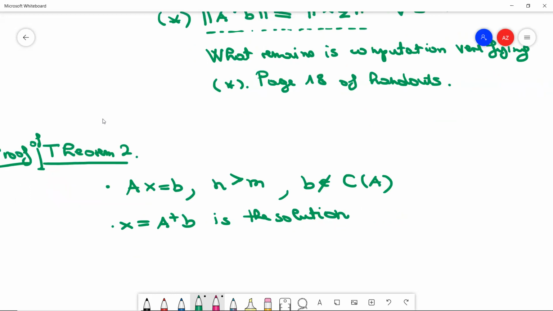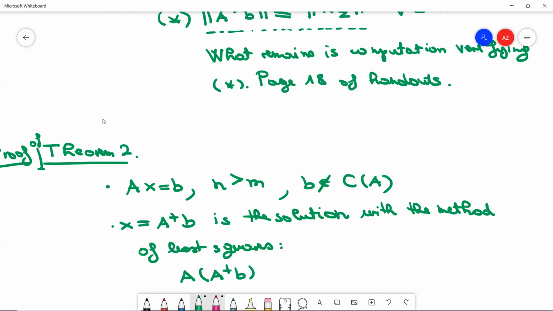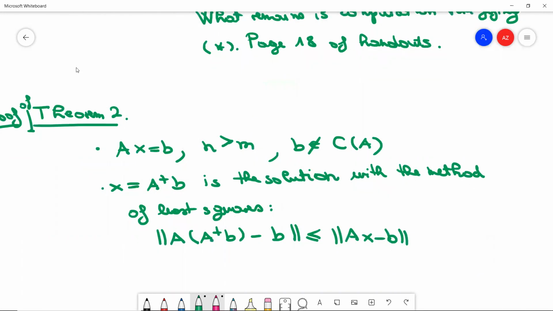So it is the solution with the method of least squares. Meaning that the norm of A times A plus B minus B is smaller or equal to the norm of AX minus B for every X.